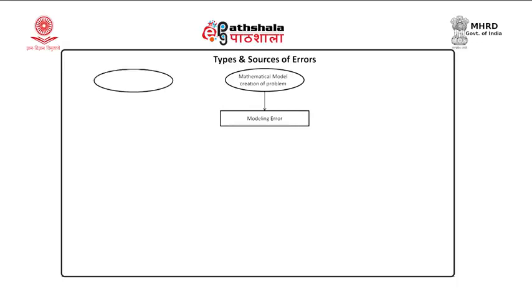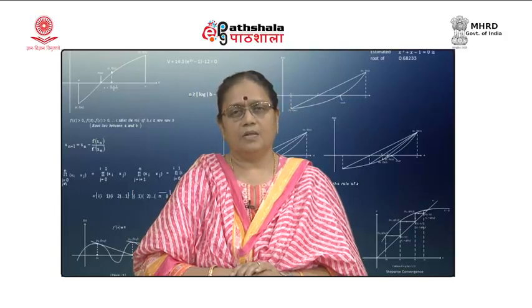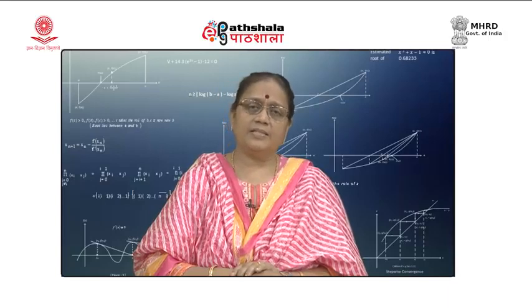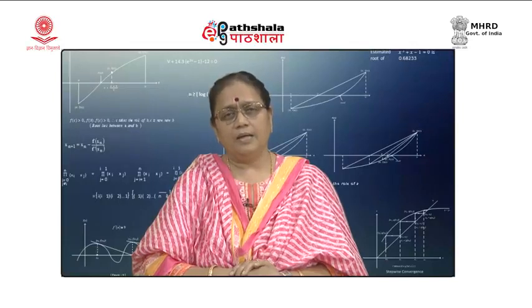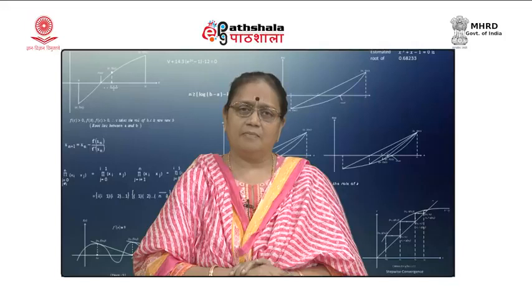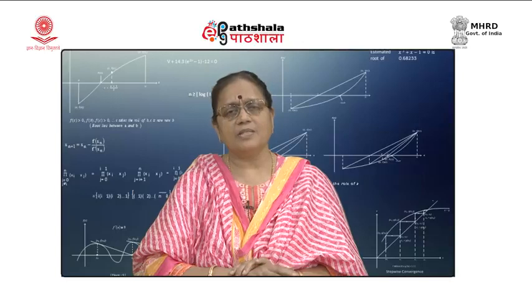The next type of error: once the mathematical model is built, the readings are to be taken, parameters are to be estimated, and for that different measuring equipment, measuring machines or measuring devices are used, and the data is taken. There are limitations of these measuring devices. For example, if I am measuring the diameter of a wire by an inch tape, its least count is only 1 millimeter, it can't measure less than that.